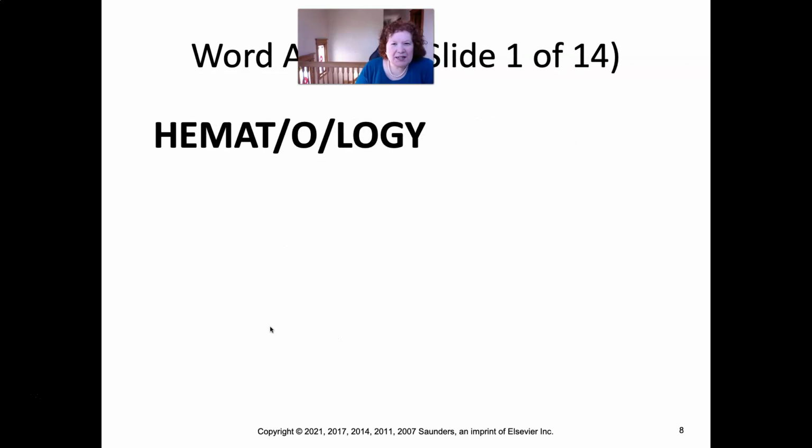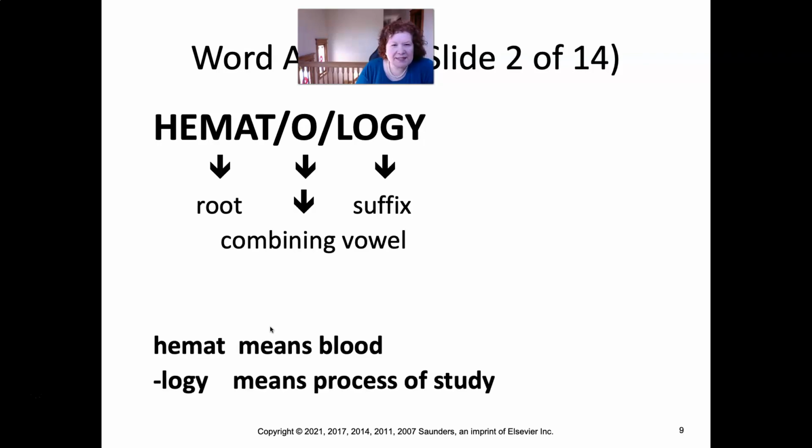So let's take a look at a word. This is hematology. How do we break this down? Well, if you've watched the study guide video that I did for HSC 114, you will notice that I talked about breaking it down backwards and then putting it back together again. So let's do it that way. We're going to start here with logi. Logi is a suffix.